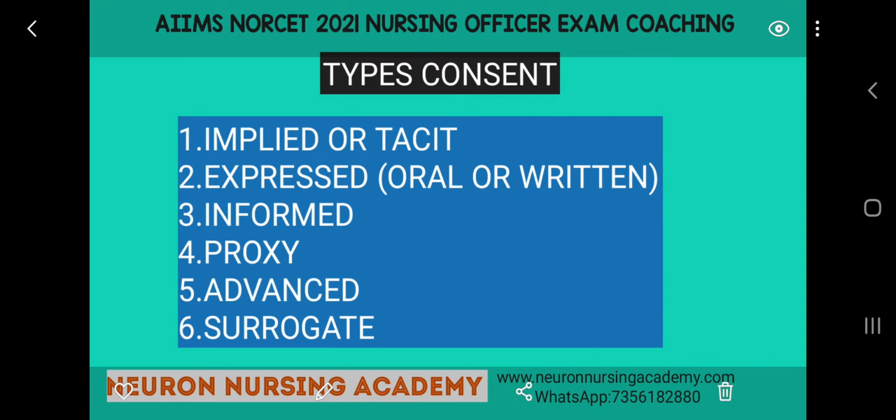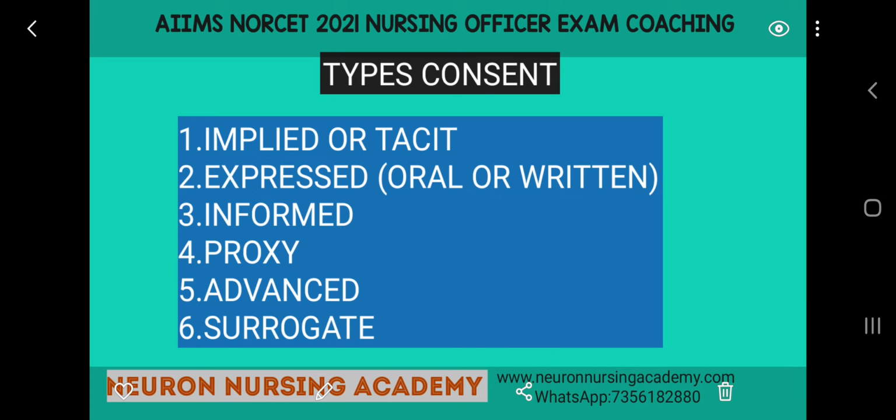Below 12 years, we can take the consent from parents or other relatives. In some situations, when the police bring some patients, or for mentally ill patients, there is no need to take consent also. So these are the important points regarding consents.